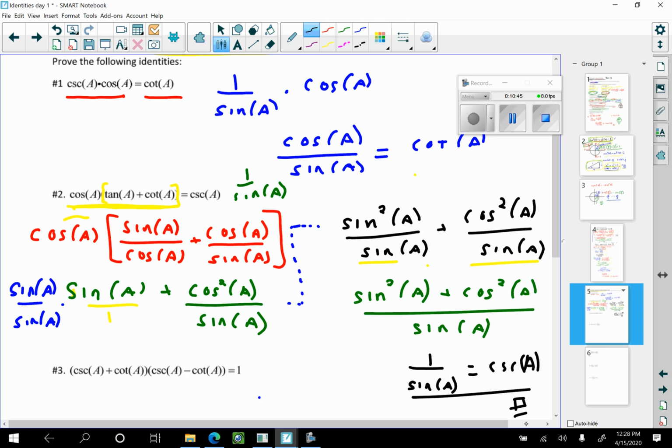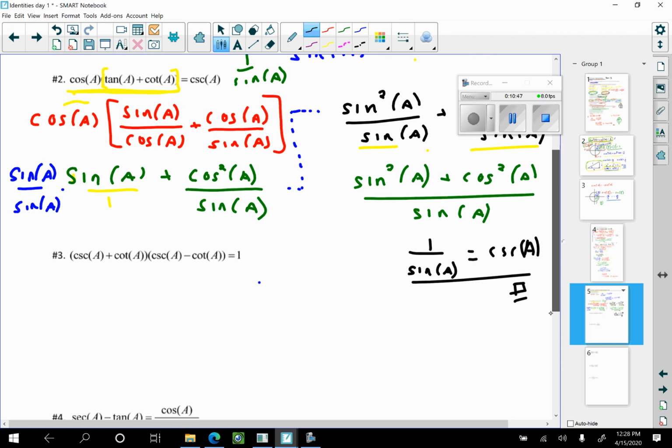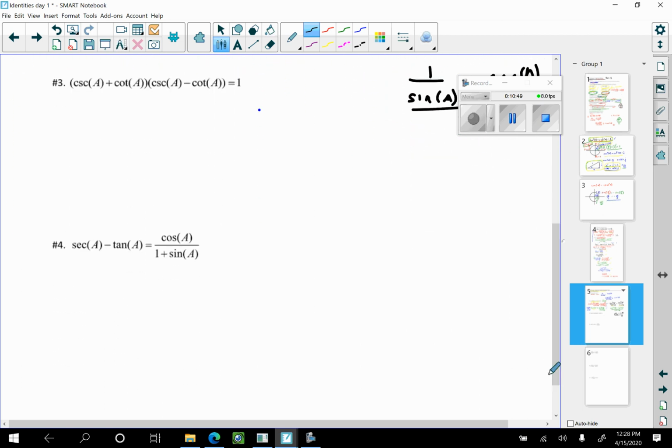Okay, I'm going to bypass 3 right now, and I'm going to jump right to 4, just to make sure that we have enough time to do some problems on the back of this assignment. All right, so I want to show that this left side is equal to the right side.